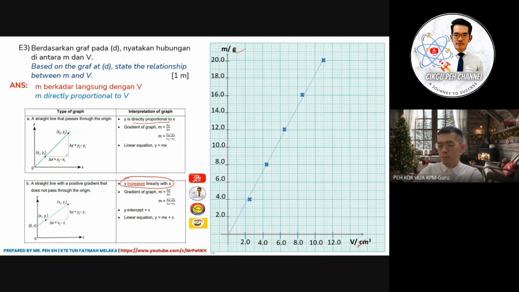Is it possible? In this case, it is impossible, because without placing any object with certain mass into the measuring cylinder with water, the volume will not be displaced. So here you should get a line passing through origin.